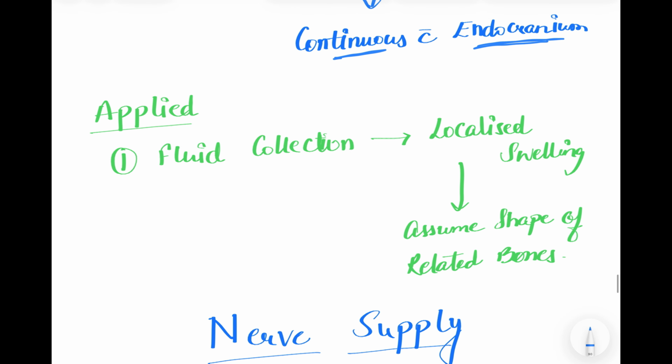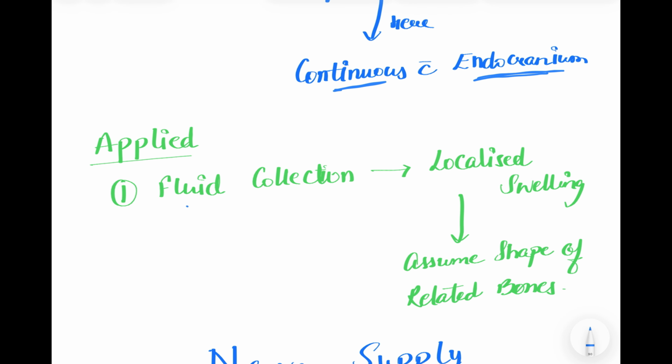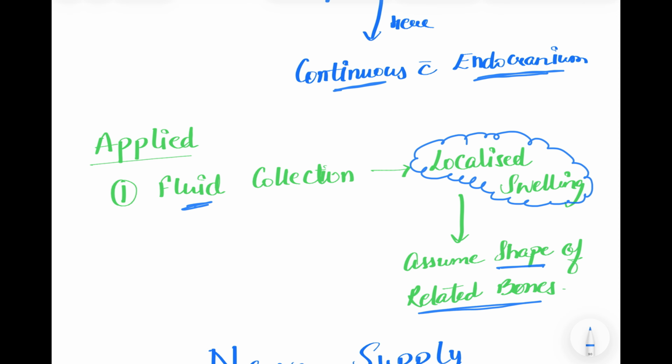Talking of the applied aspect, whenever there is any fluid collection, it is going to present with a localized swelling, and that swelling is going to take the shape of the bone to which it is related. So that's the fifth layer, which is your pericranium. So you have to remember all the 5 layers and the applied aspects, which can come as individual questions, or in the practicals.